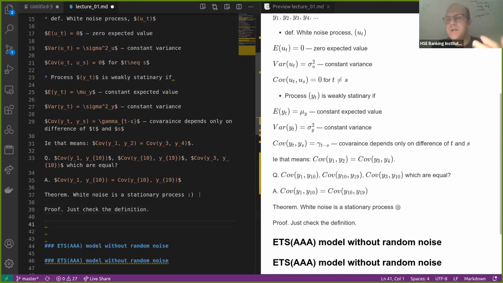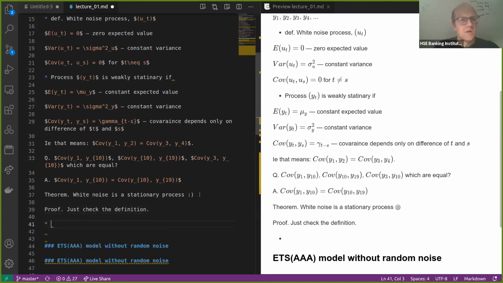Okay, let's provide another process, which is more or less famous. Definition: what is a random walk? Who knows what is a random walk? I don't hear you. Who knows what is a random walk?